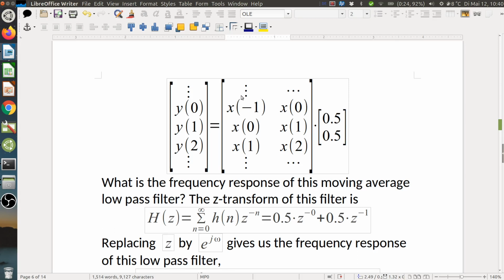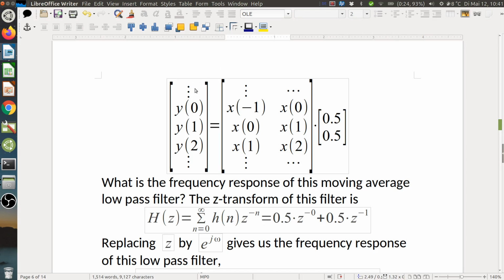So you can see here in this row, it contains the two samples for time step 0, which are then multiplied by the coefficients here. So in the next time step n equals 1, you see the input values which are multiplied now by the coefficients and so on. So here you can see now the signal basically is shifted by 1 for each time step. So again, we get the convolution written as a matrix multiplication.